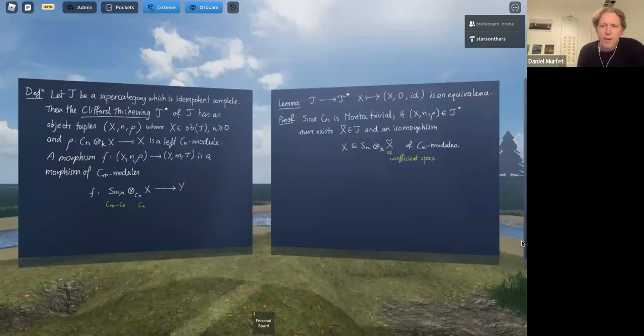So every Cn module is the spinor representation, this exterior algebra, tensored with something, some object of T, call it the coefficient space or coefficient module. And that's the reason why this functor is an equivalence. Because this isomorphism itself, if you unpack what it means, it's an isomorphism of this object with no Clifford algebra acting, with X itself with Cn acting in the Clifford thickening.